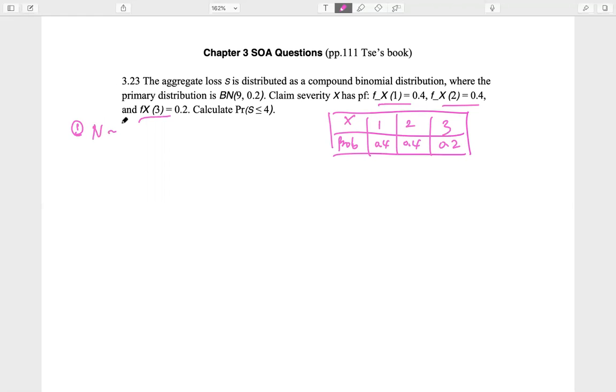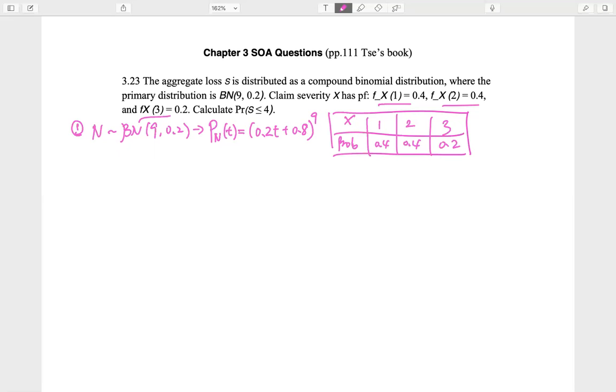So N follows a binomial. That means the PGF of a binomial will be (0.2t + 0.8) to the power of 9.